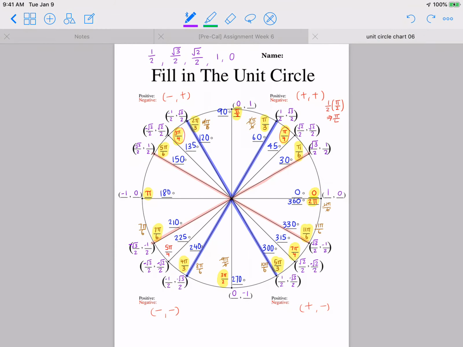8 pi over 3, is that even in this picture? Okay, look out for those pi over 3. So we have pi over 3, 2 pi over 3, and then this is 3 pi over 3 because it's pi. And then we got 4 pi over 3, 5 pi over 3, and then 6 pi over 3 is right here.